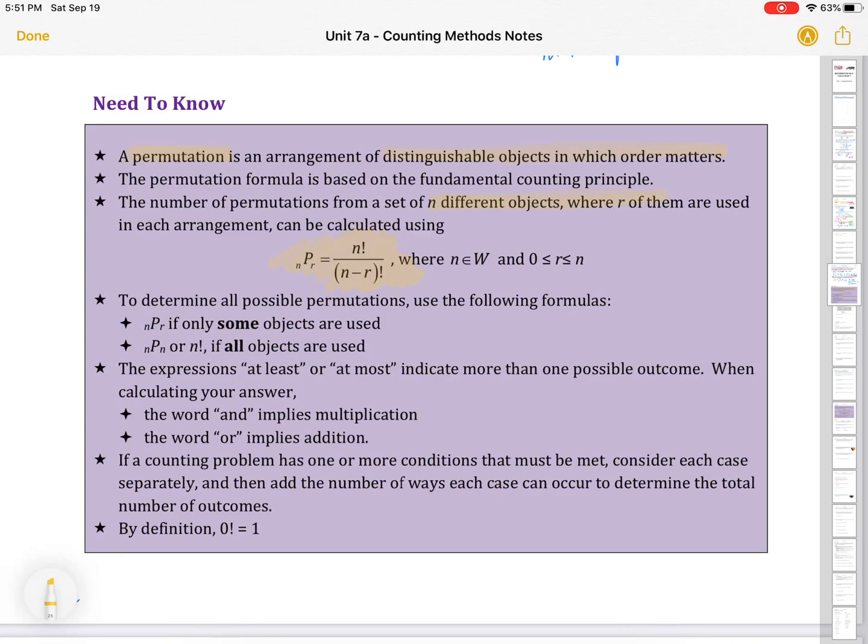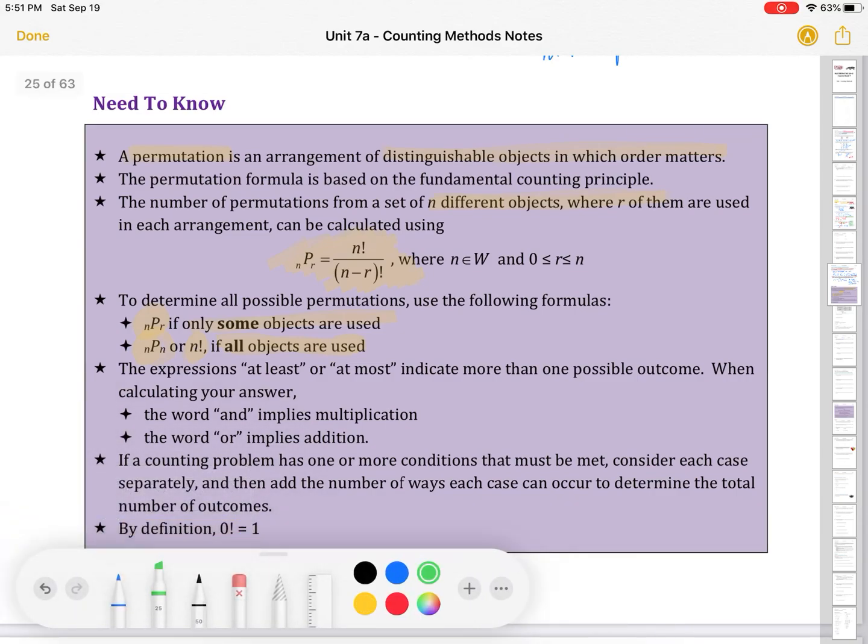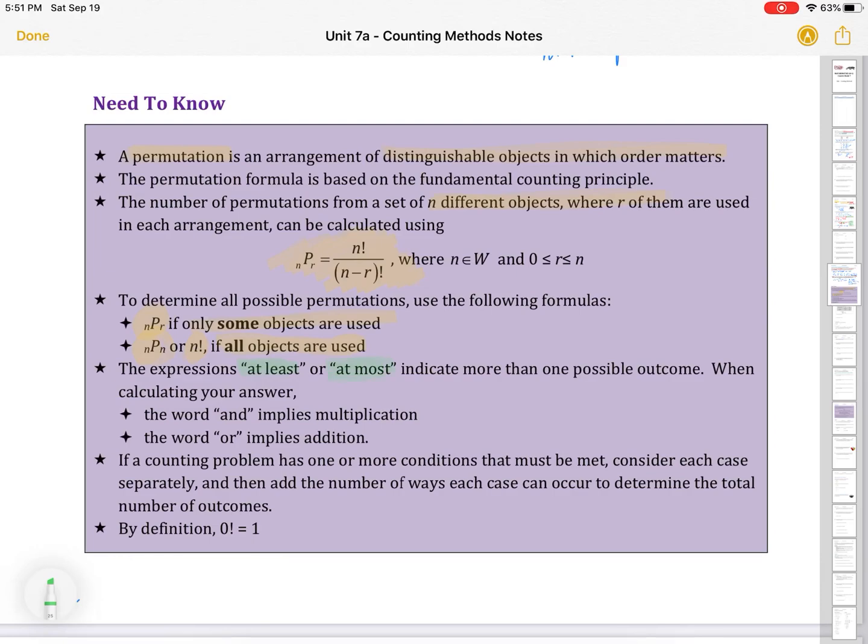Okay, now you can use that formula or you can use your calculator. To determine all possible permutations, use the following formulas. nPr if only some objects are used, and nPn or n factorial if all of the objects are used. So if all of the objects are used, you can just use your factorial.